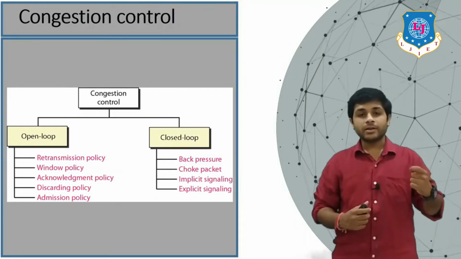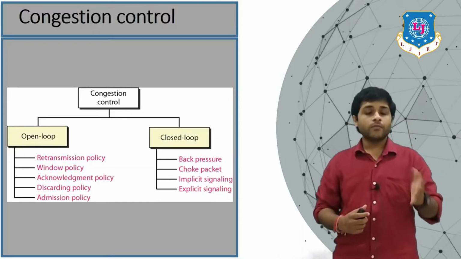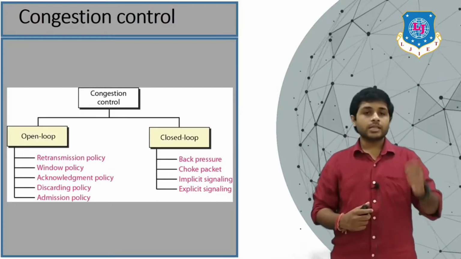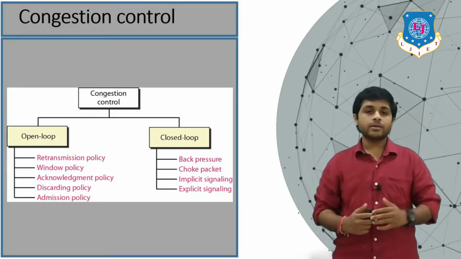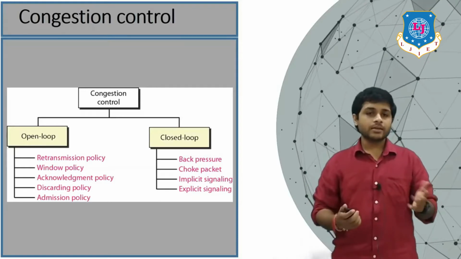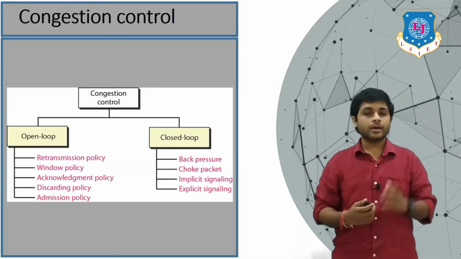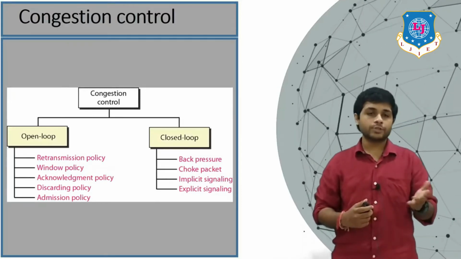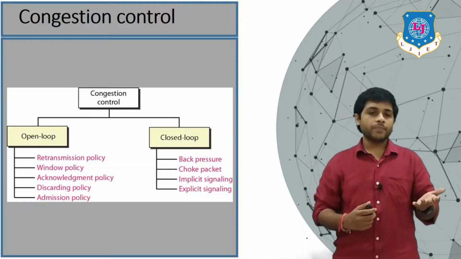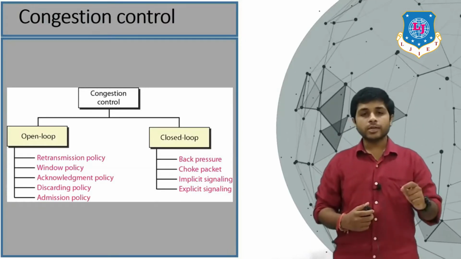But if the sender is receiving an acknowledgement per 5 packets, in that case there will be a lesser number of packets traveling in the link. So the sender can select either of the two. It can either select an acknowledgement for every packet sent, or it can receive an acknowledgement for every 5 or 10 packets, and that acknowledgement is called cumulative acknowledgement.